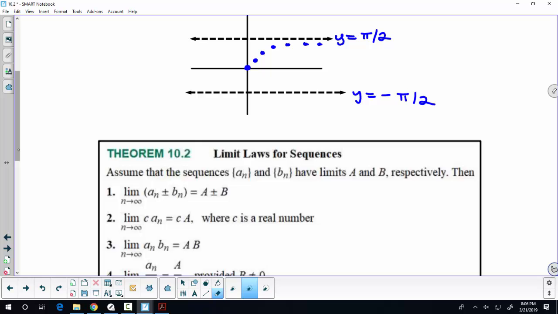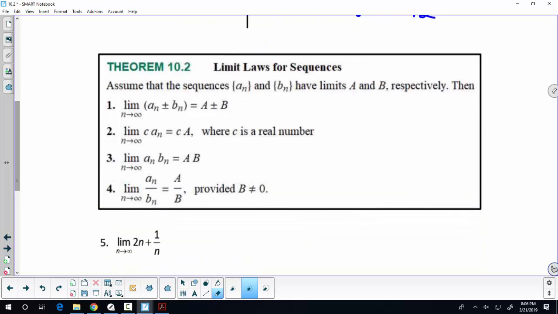And so a lot of limit stuff comes back here, especially when we want to know, does the sequence converge? That's always a question of just computing a limit at infinity. The limit laws for sequences are the limit laws that you've seen previously with continuous functions.